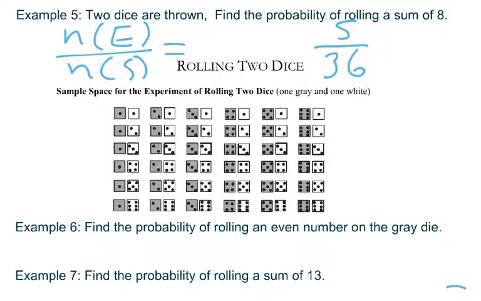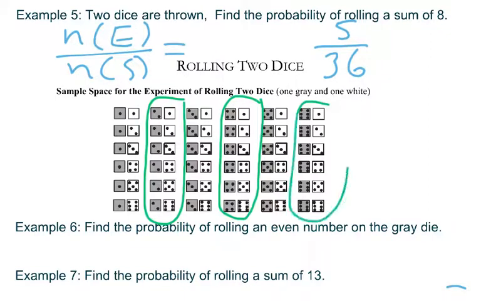Find the probability of rolling an even number on the gray die. So again, we can just look at the sample space and pick out the outcomes we're interested in. An even number on the gray die, well, all of these, the gray die is a 2, that's even. All of these, the gray die is a 4, that's even.